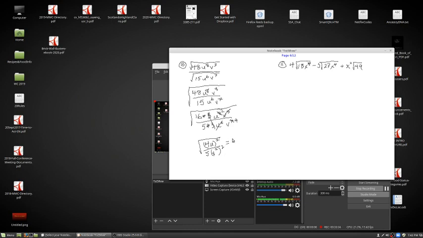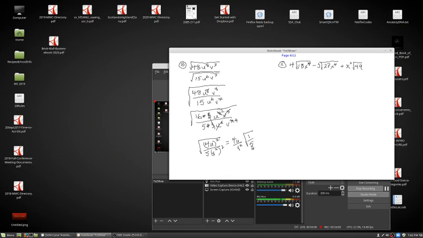So the numerator is going to come out as the square root of 4u squared is just 4u. And the square root of v squared squared is v squared. So inside here we're going to have 1 over 5.